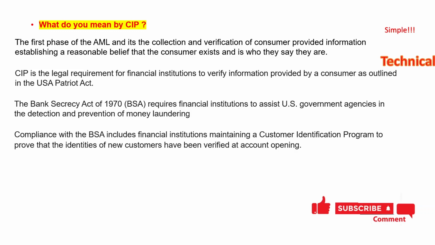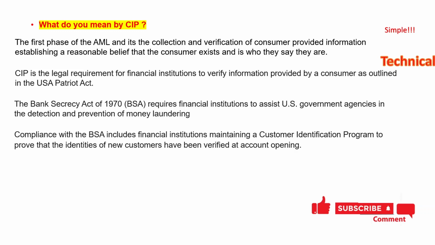Compliance with the BSA includes a financial institution maintaining a customer identification program to prove that the identity of a new customer has been verified at account opening. See this last line. It means they compel NBFCs as well as banking organizations to comply with the BSA by maintaining a CIP program which is subject to audit by the government.